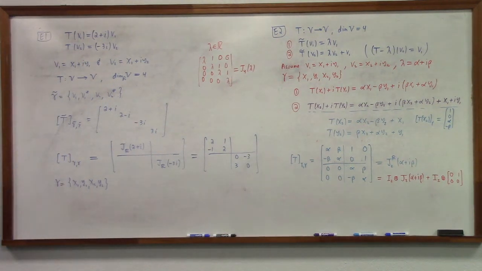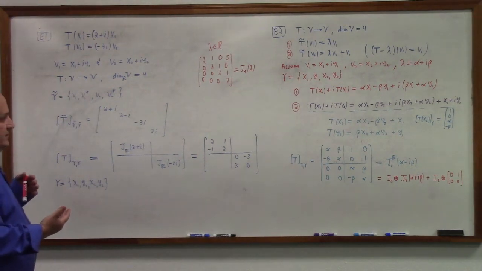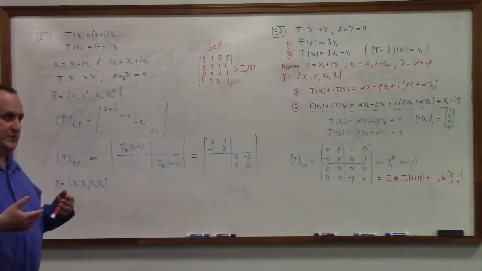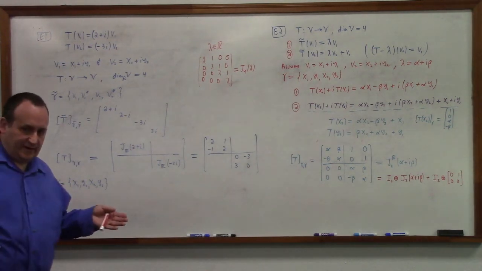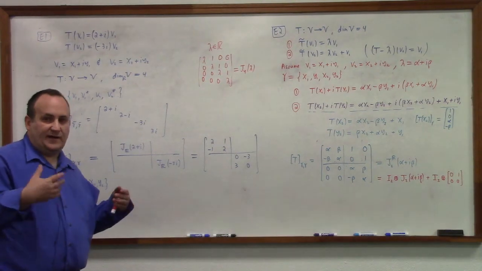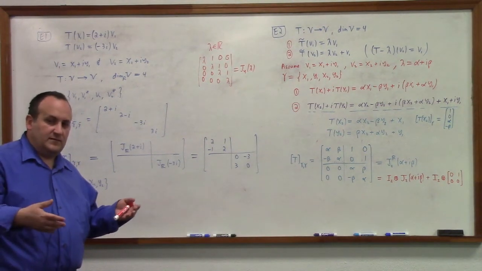Let's see here if I have any explicit example for you. But that pretty much completes the story of how we find, so if we have a real transformation, what you do is you find all the real eigenvalues, and then you find the biggest generalized eigenvectors that you can.